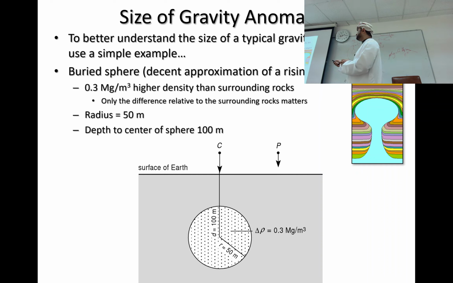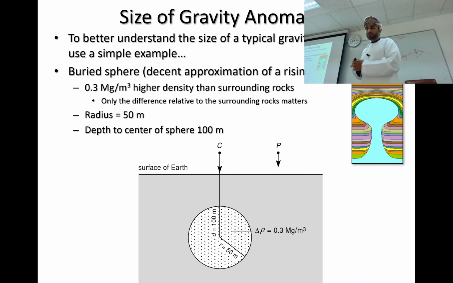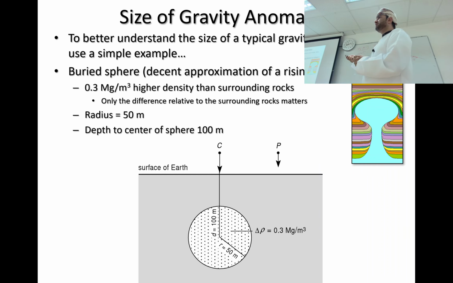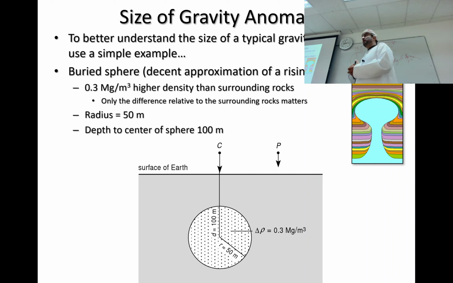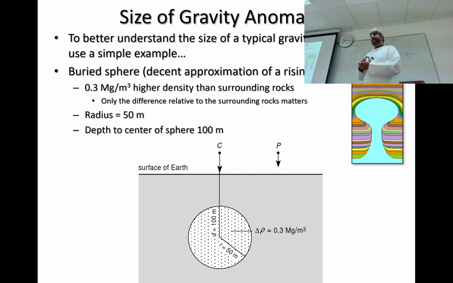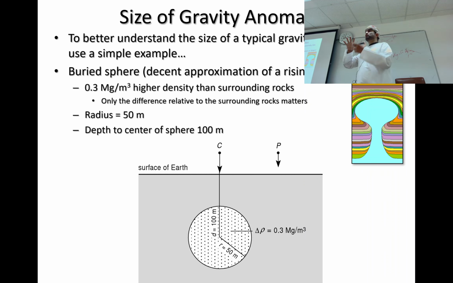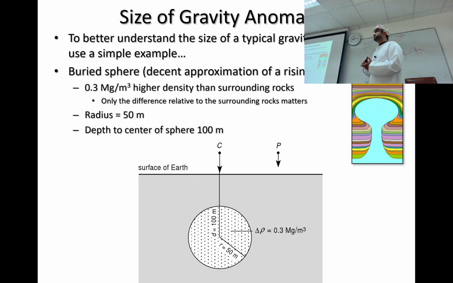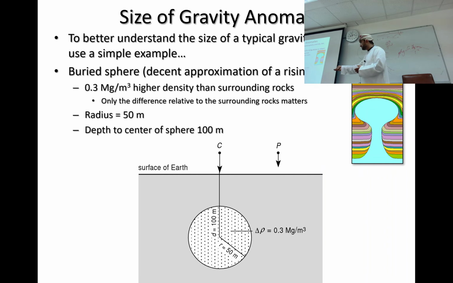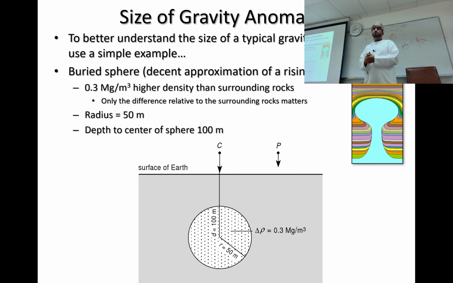So initially, we know that the value of G is capital G M over R squared. M, mass of the whole earth. But no, I'm not interested in the mass of the whole earth. What I'm interested in, mass of what? This body.